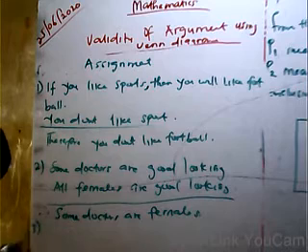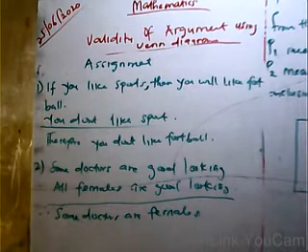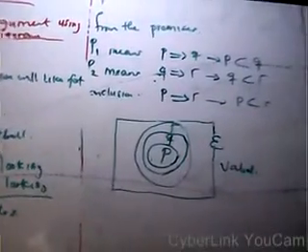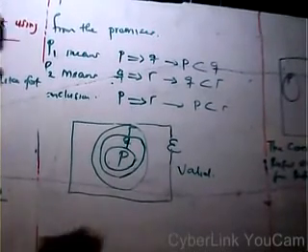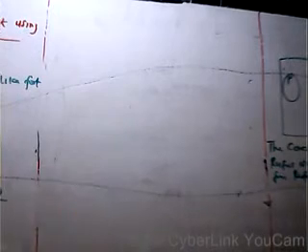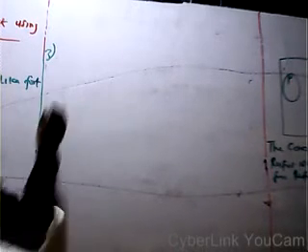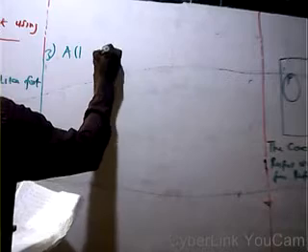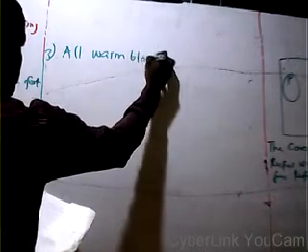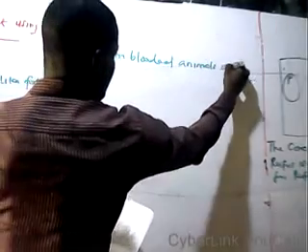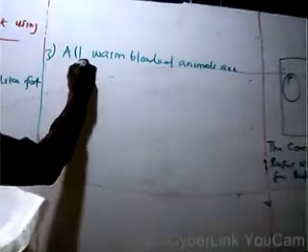Number three: all warm-blooded animals are mammals.